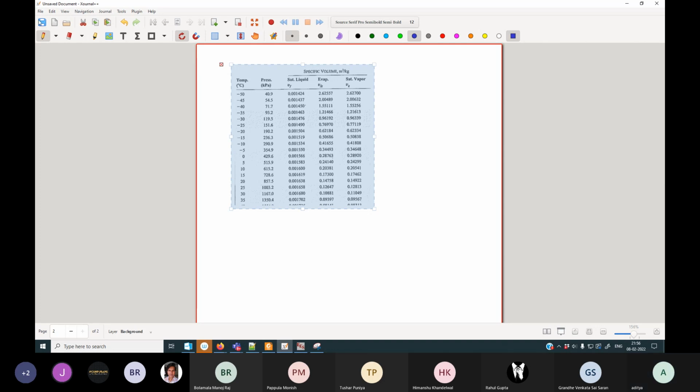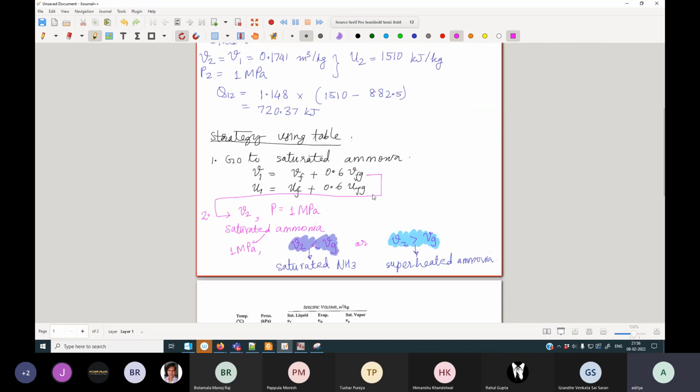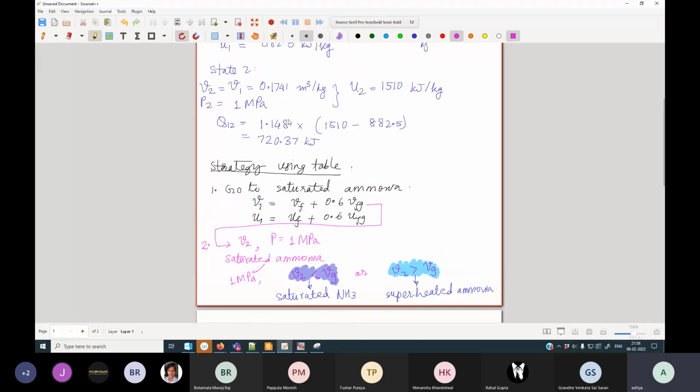At approximately 1000 kilopascal this is 0.12813, whereas we had obtained 0.1741.